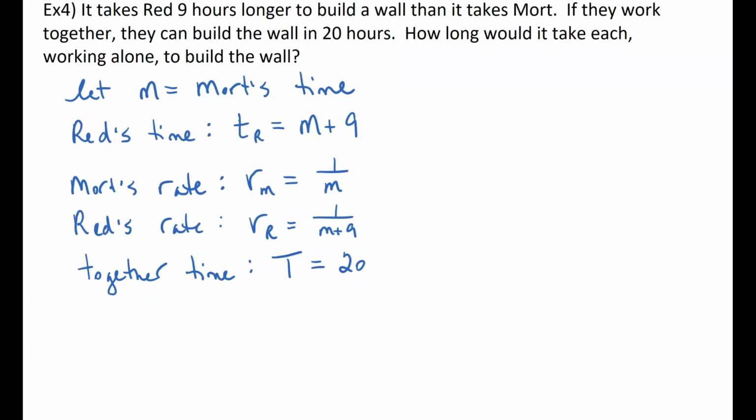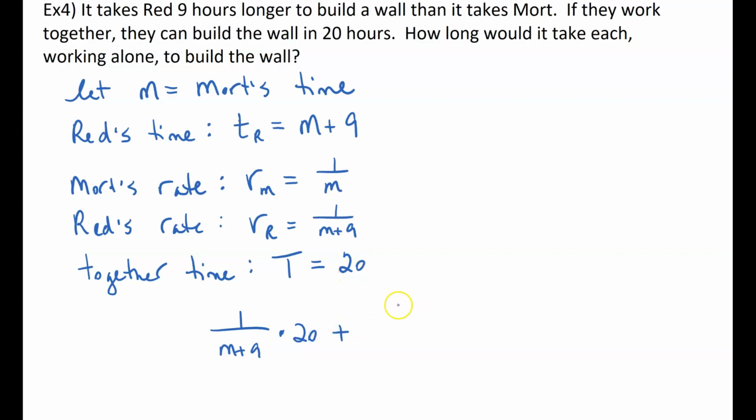All right. So if we take Red's rate, this one, Red's rate, 1 over m plus 9, and we multiply it by the together time of 20 hours.